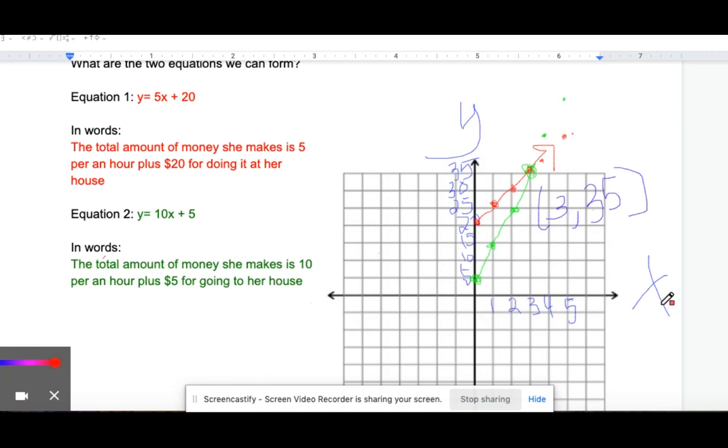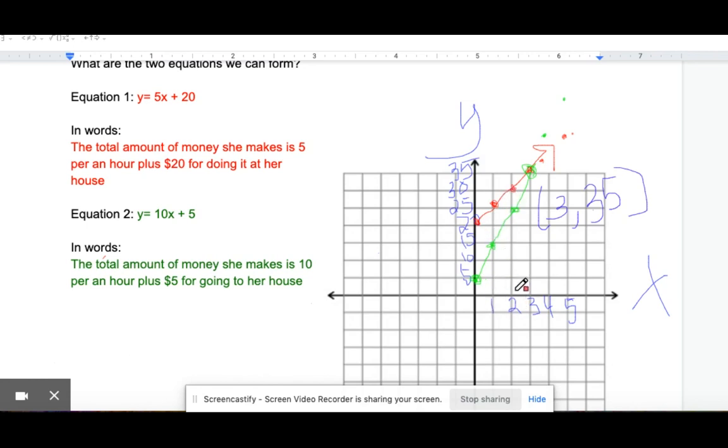So what I mean by that is, if I were only having her watch my kids for 1 hour, I'm going to want to choose the green graph because it's cheaper, it would only be $15, versus if I chose the red situation, it would cost me $25 for the same hour.